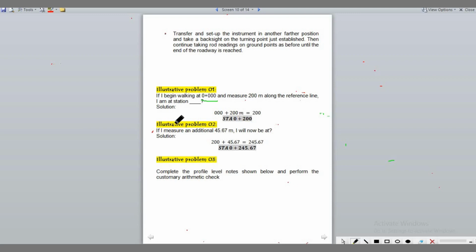Similar to the example earlier. If I measure an additional 45.67 meters, all I have to do is add 45.67 to 200. Then my station will be at 0 plus 245.67.